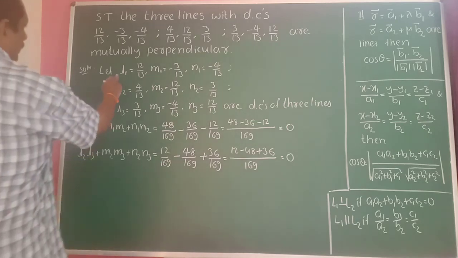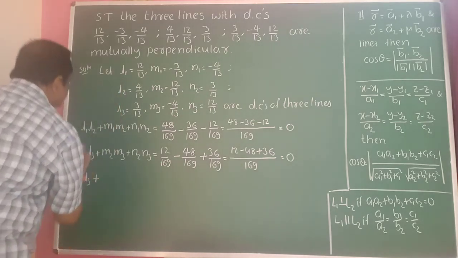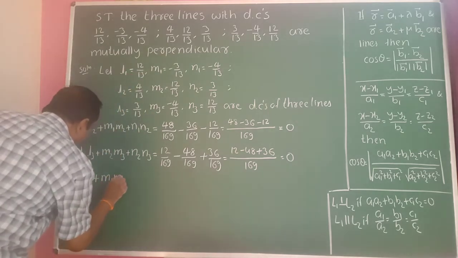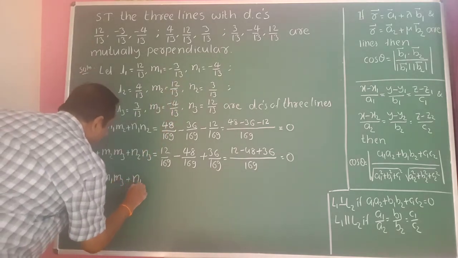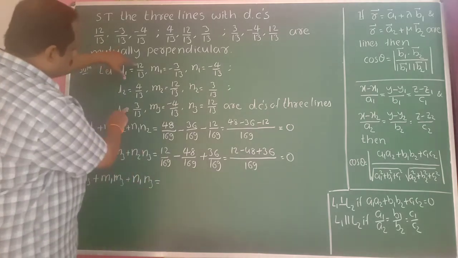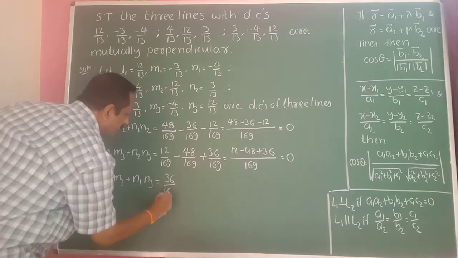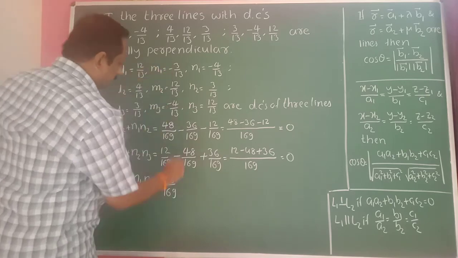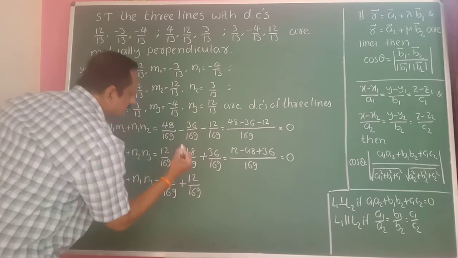Then l1 l3 plus m1 m3 plus n1 n3 is equal to 12 threes are 36, 36 divided by 169 here. 3 fours are 12 here, minus into minus is plus, so plus 12 divided by 169.